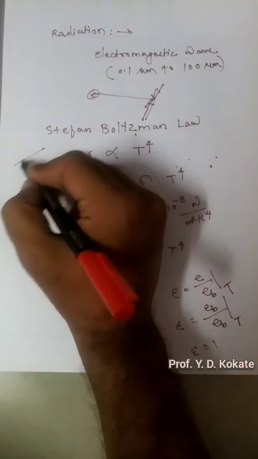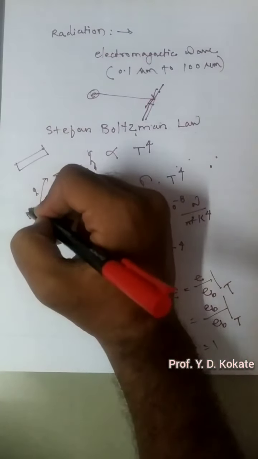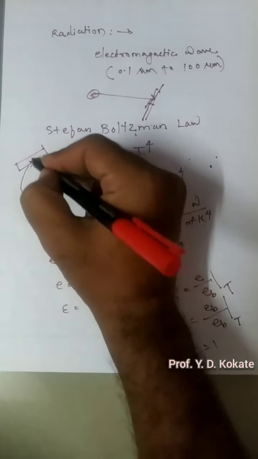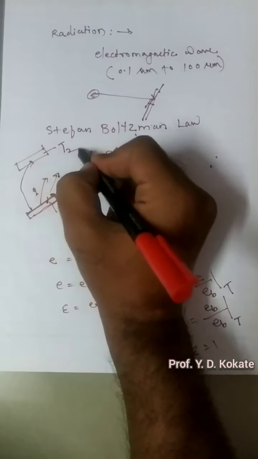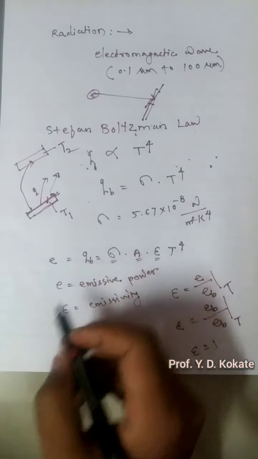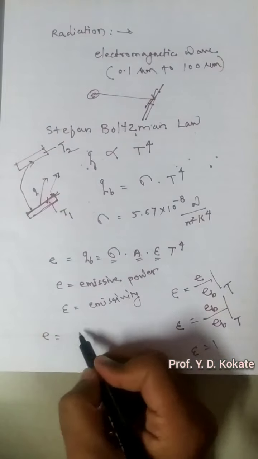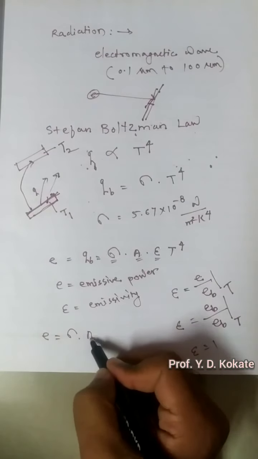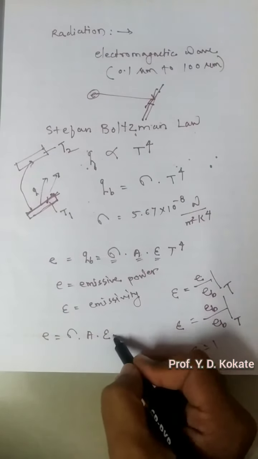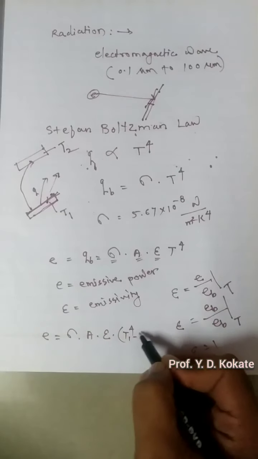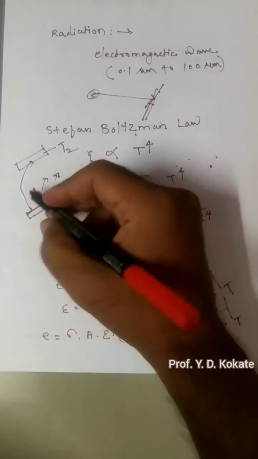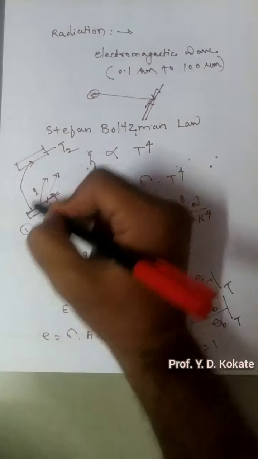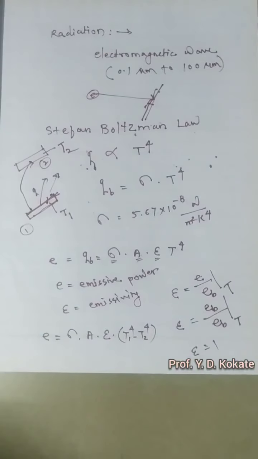If I want to calculate the amount of heat which is radiated by this surface and transmitted to another surface, let's say this one has temperature T1 and the other has T2, then the formula becomes: emissive power is equal to sigma into area into epsilon into T1 raised to 4 minus T2 raised to 4. Like this we can easily calculate the heat transferred by the first surface towards the second surface.